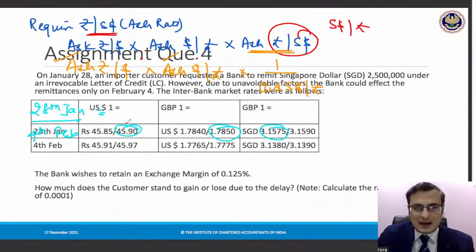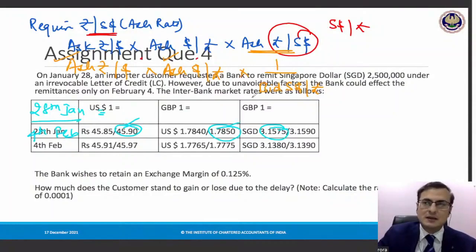Ask rate, bid rate. Why? Because this is given to me as pound per Singapore dollar, but I need Singapore dollars per pound. Clear? So ask, and bid.